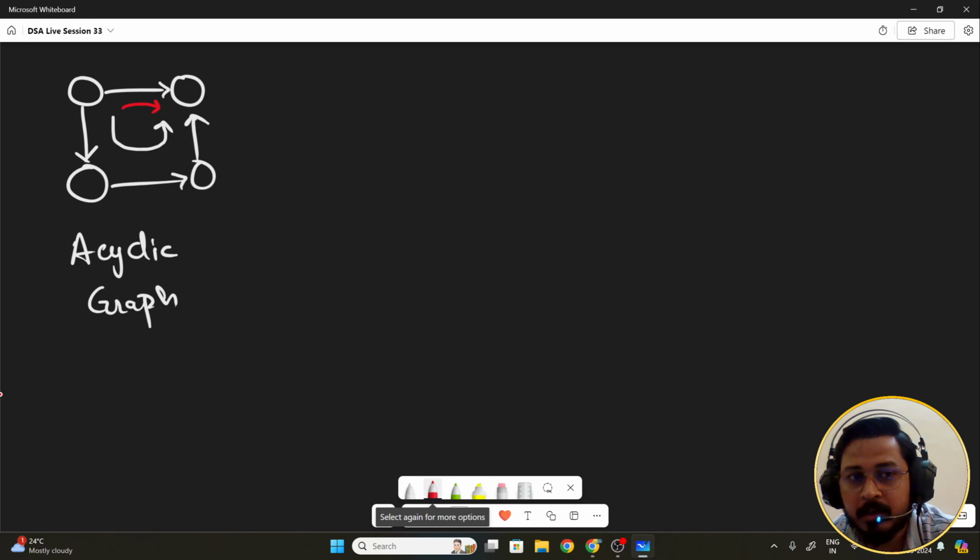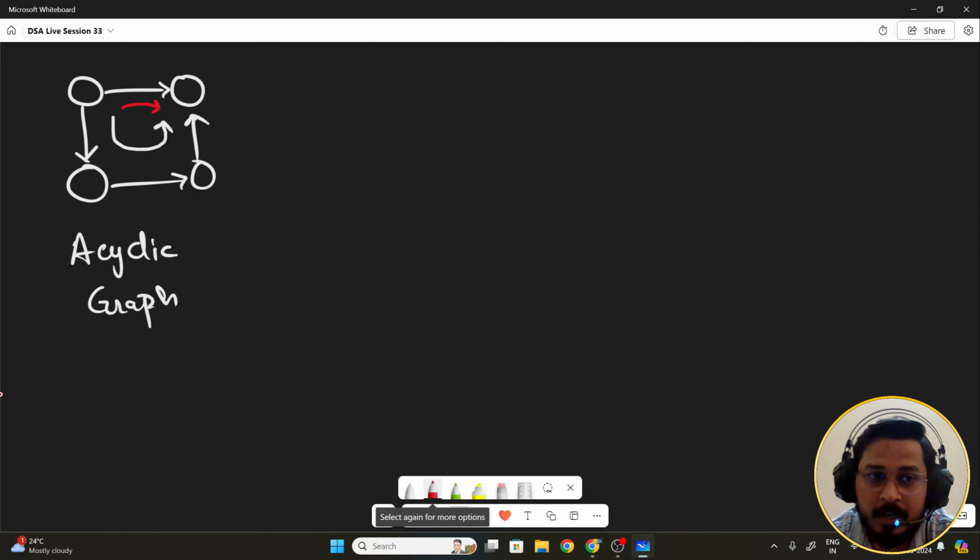That means the cycle is not getting formed here. All the nodes are connected to each other, but the directions don't allow us to travel from one node to the last node, or from a node back to itself. If you start from a particular node and you end up on the same node, it becomes a cyclic graph. But this is an acyclic graph because you cannot reach back to where you started.